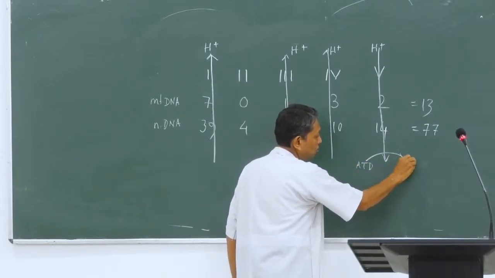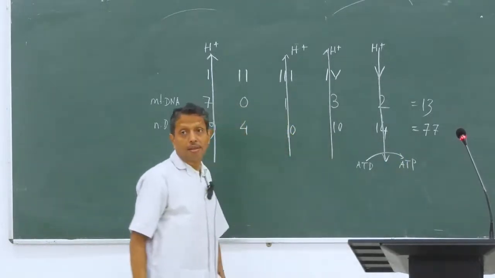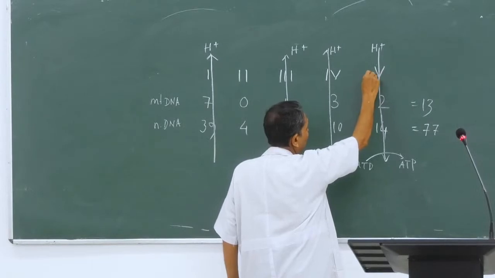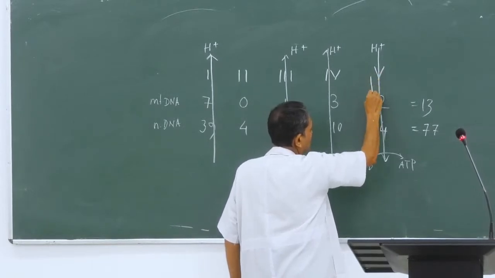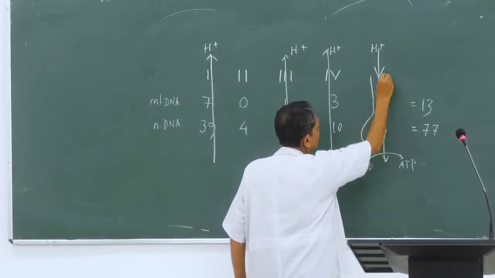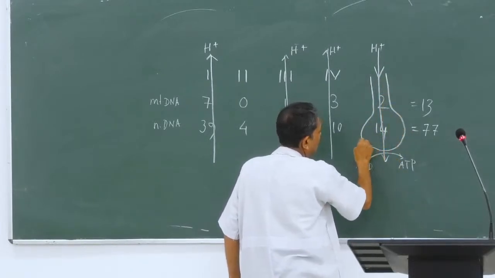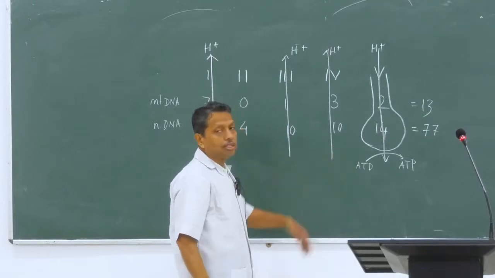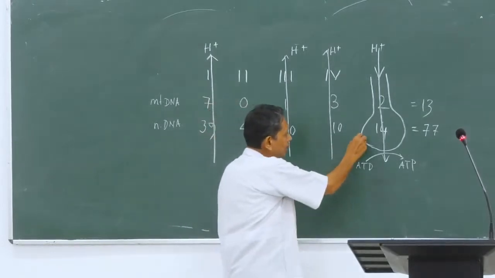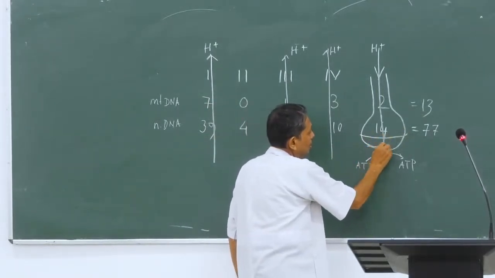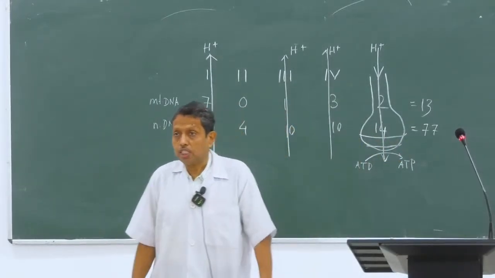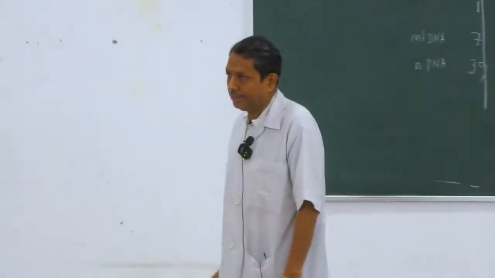ATP is produced in the matrix space. And its structure is similar to that of a lollipop. Different subunits are required. And there is partial rotation of this ATP synthase, partial rotation of this.